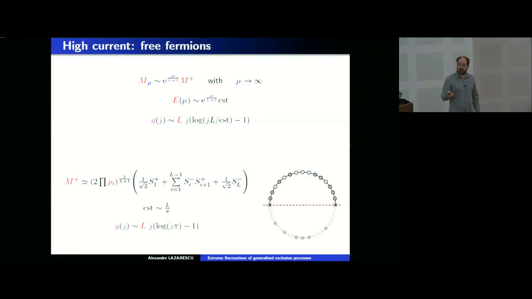And by exactly solving it, I get that the largest eigenvalue scales like L over pi, so that the large deviation function globally looks like L times some function of j, and also the states corresponding to that largest value look like a Coulomb gas.